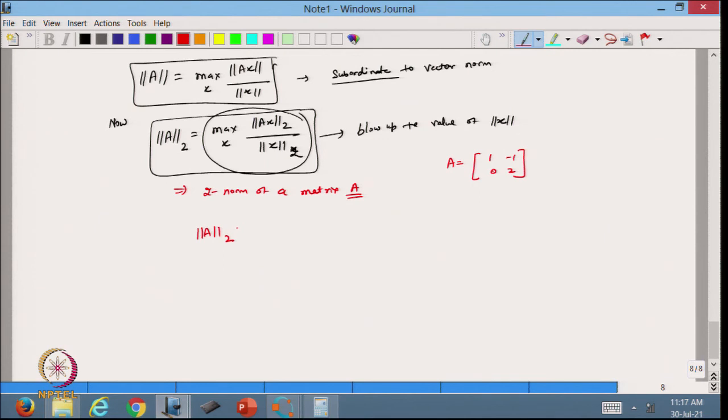This value I am going to take will be the maximum over x.